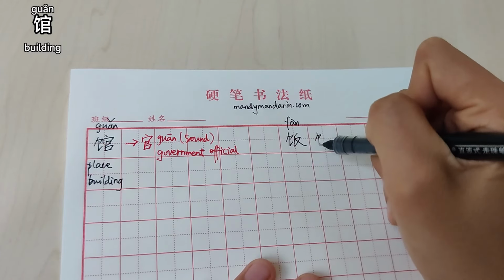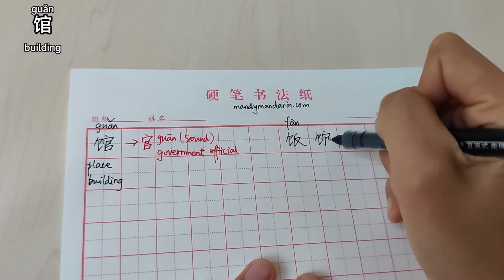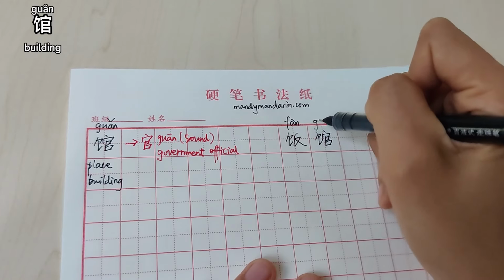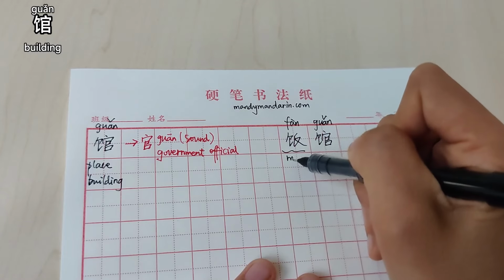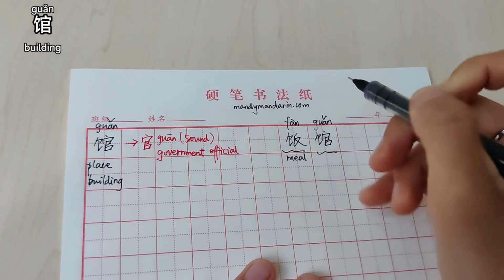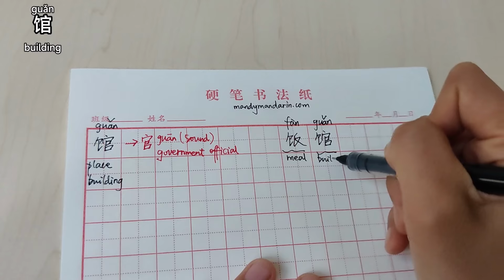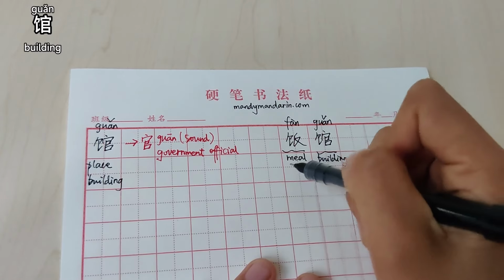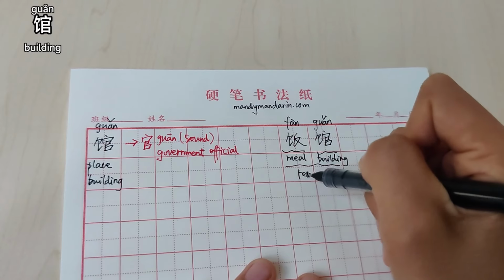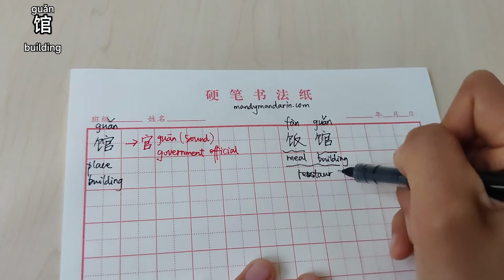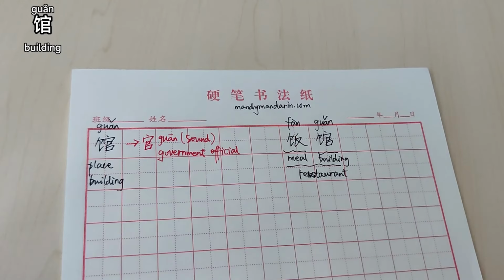饭馆. 饭 is the meal. 馆 is, let's say, a building. So 饭馆 could also mean restaurant. Yeah, I know we have several words for restaurant.